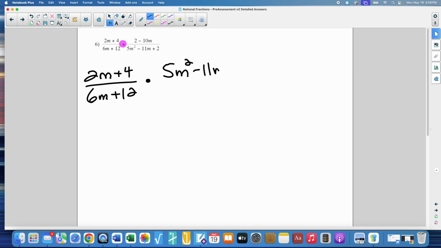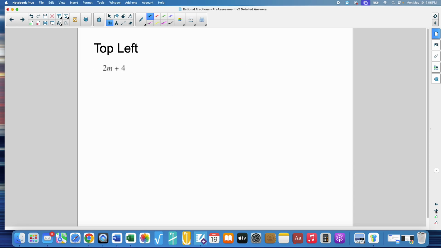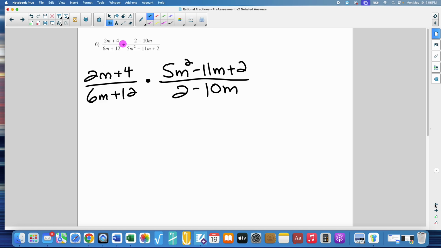I'm going to put the denominator in the numerator and the numerator in the denominator, although that hurts my eyes. All right, so let's look at the top left. We get two terms. We're going to factor out a 2, and we get m plus 2. So top left becomes 2 times the quantity m plus 2.